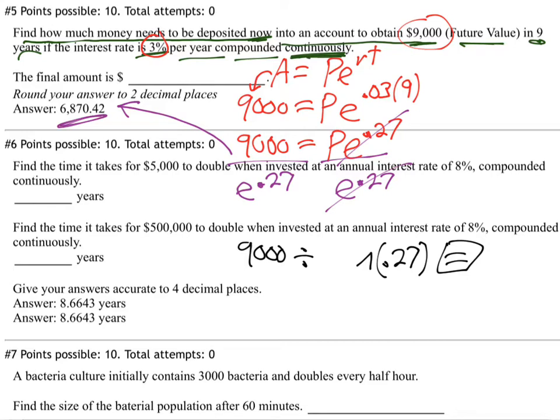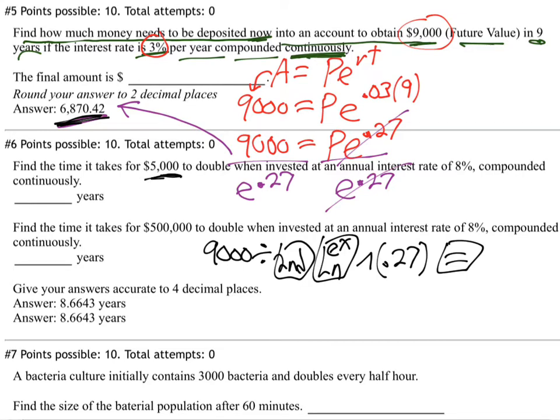So 9,000 divided by. You have to hit second and the LN button, which has the e above it. And that'll make it e. And there we go. You get 6,870.42 on your calculator.